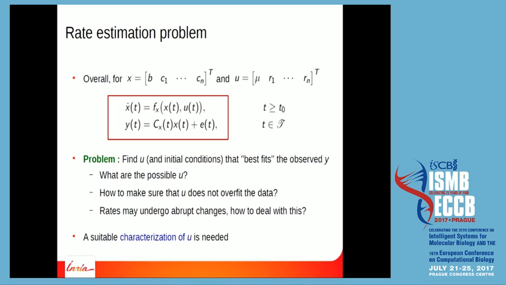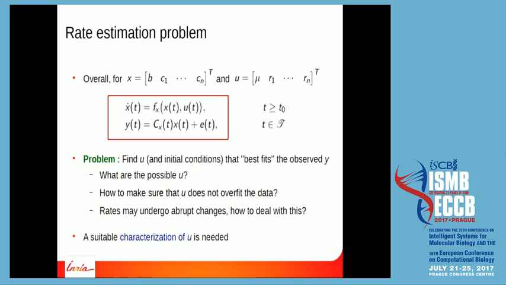This is a loose statement of the problem, because the question now is, what are the possible u? The problem itself is not well specified, because you have a continuous multidimensional unknown with sampled and noisy measurements. So there is no unique solution that fits the data in principle. How do we make sure that the u we pull out of this problem is not essentially explaining noise because it overfits the data we have?